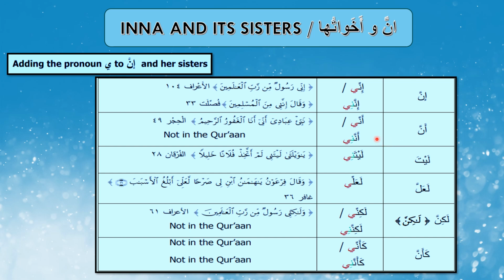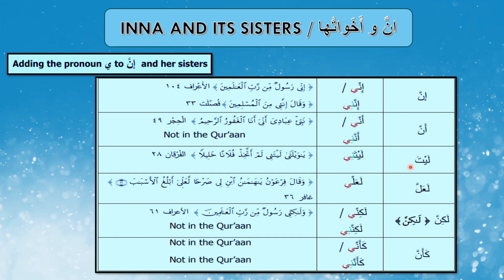Anna can also be added with noon al-wiqaya, anni or annani. So there are examples here. Inni rasulun min rabbil alamin, as we did before. وَقَالَ إِنَّنِي مِنَ الْمُسْلِمِينَ. And anni and annani, you can see here. Nabbi ibadi anni anal ghafurur rahim.